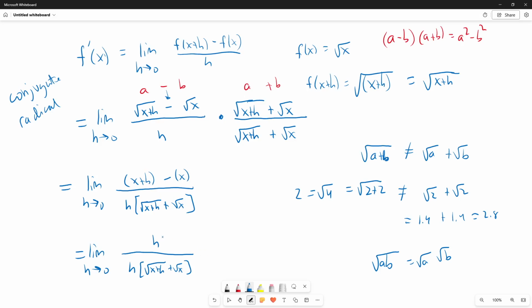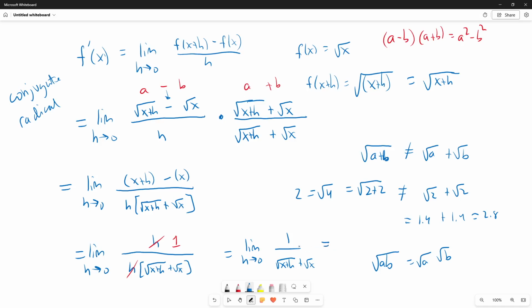And now we can cancel h over h. We cancel that h, we're left with the 1. And when we cancel this h, we're left with the conjugate. And so this limit is the limit of 1 over the conjugate radical. That plus h is under the square root. Notice the plus h is under the square root every time.